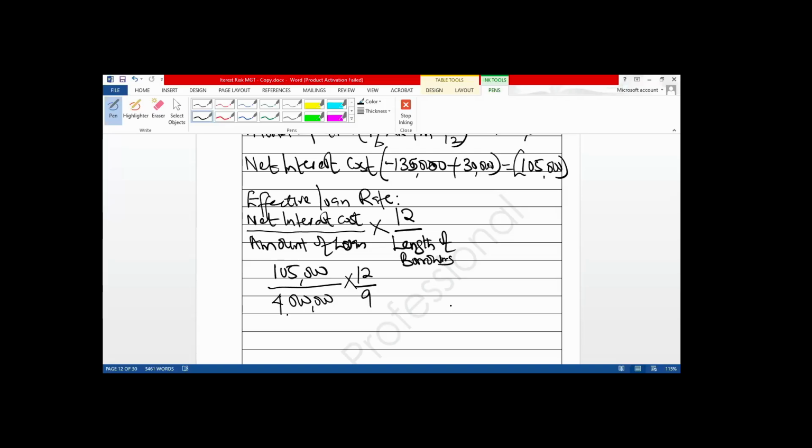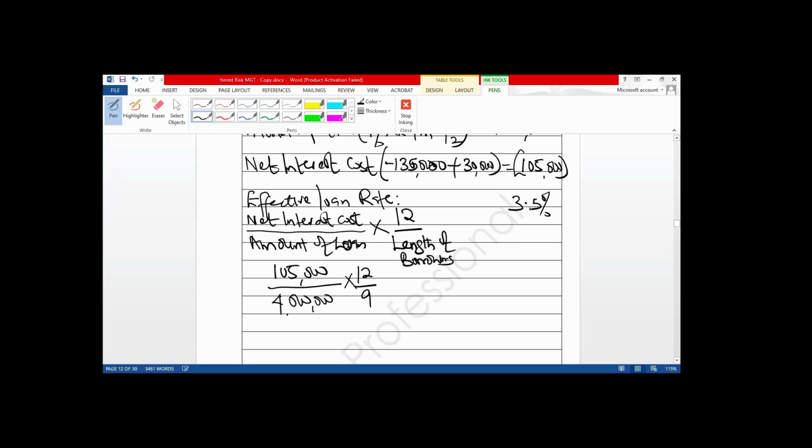Please work this out. 3.5 percent. Do you multiply by 100? No, sorry. 0.035. 0.035. And now, if you multiply by 100, it should give you 3.5%.